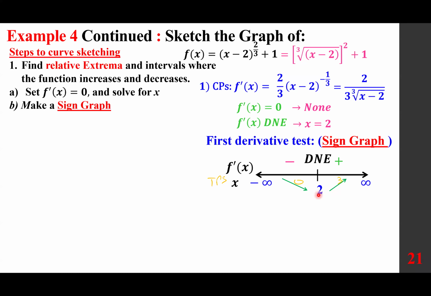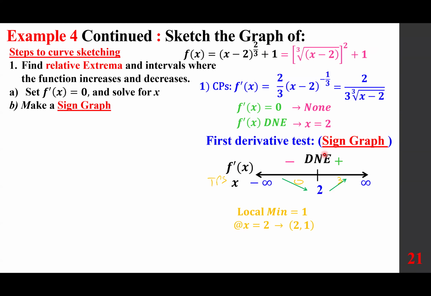And because of the change, at x equals 2, we have a local minimum. So what is the y coordinate? You have to go back to the original function f of x. If I put 2 here, this goes to 0. The answer is 1. So the local minimum is 1 at x equals 2, or simply the pair (2, 1).